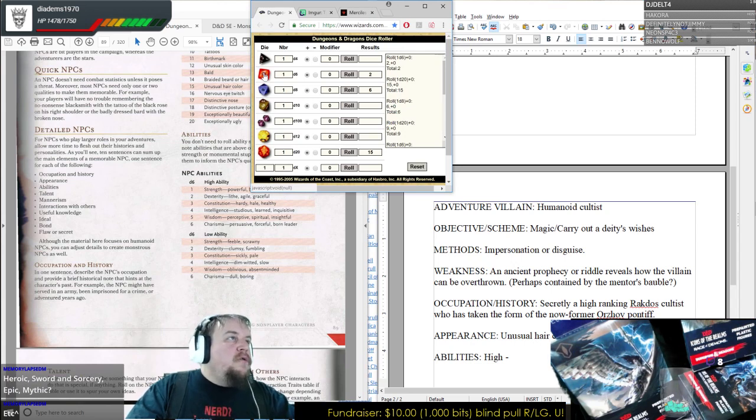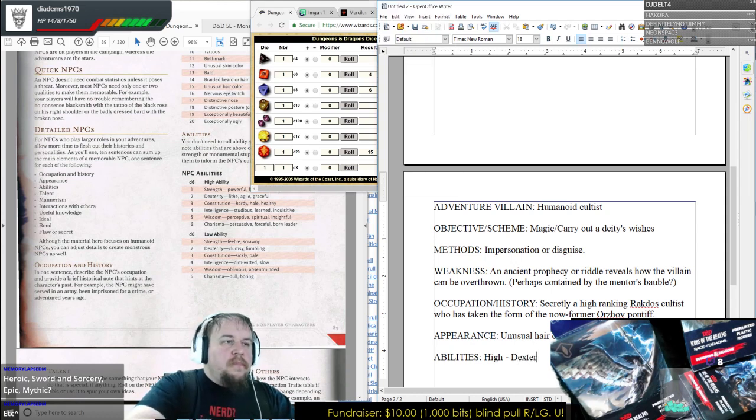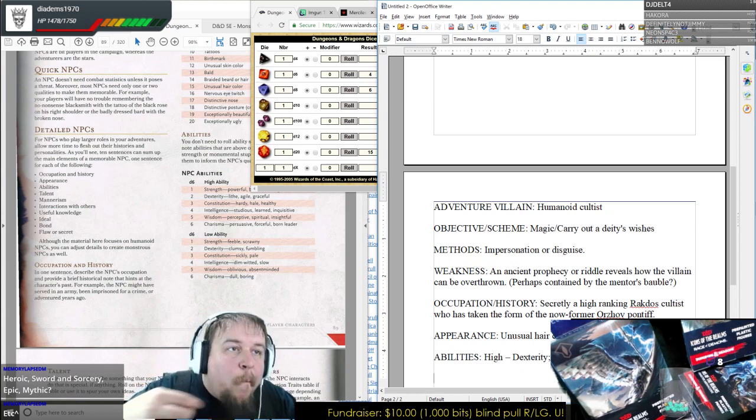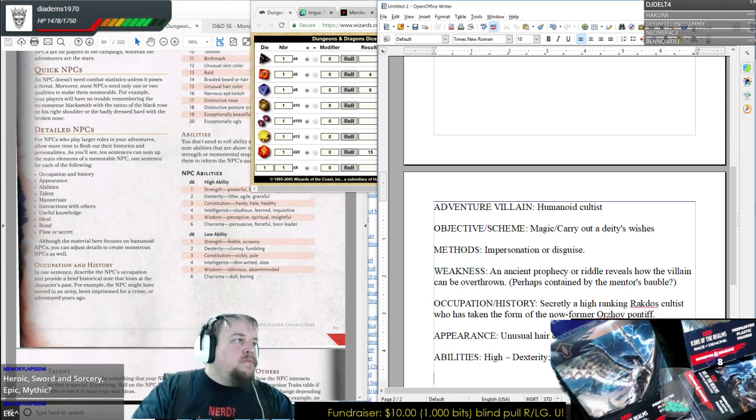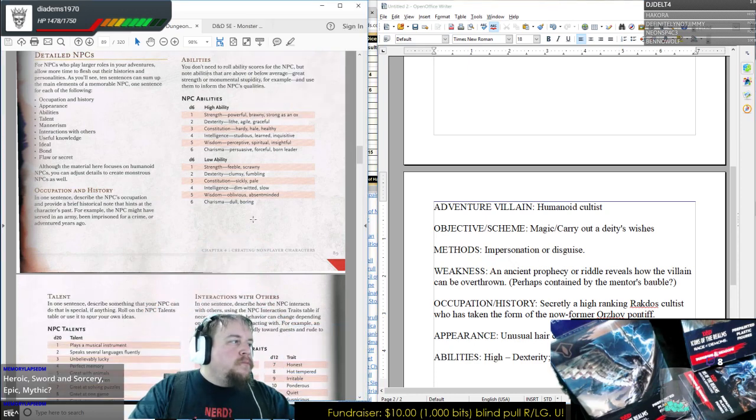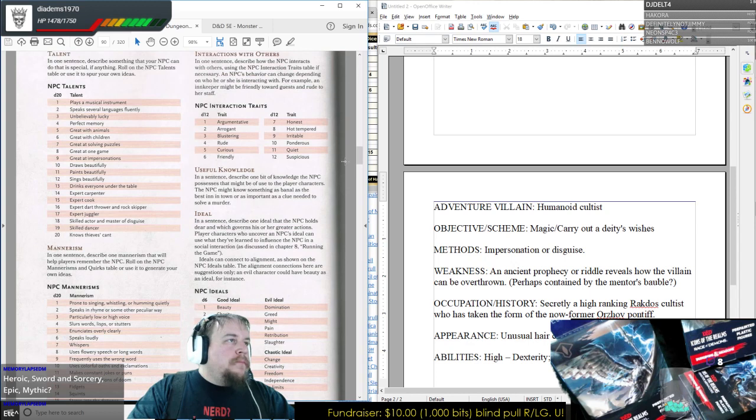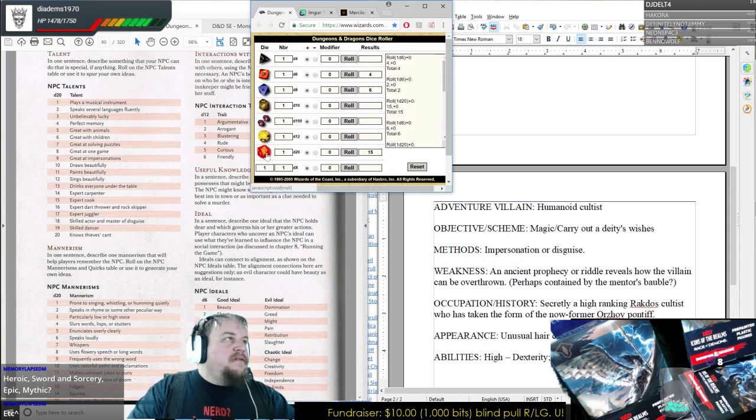Dexterity, and his low is 4 intelligence. His talent is 1. He plays a musical instrument.